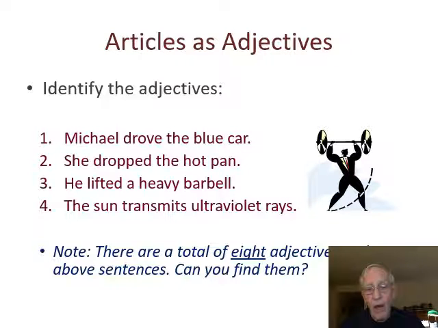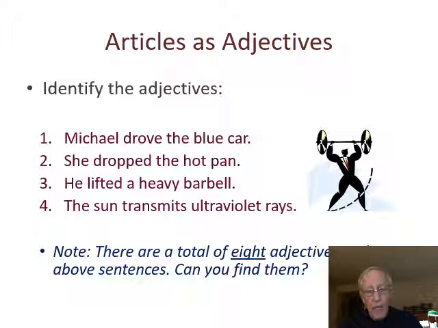She dropped the hot pan. Hot is obviously a descriptive adjective. It describes the pan. But again, we have the, which, in my opinion, is also an adjective. Number 3, he lifted a heavy barbell. Here's a picture of him lifting this heavy barbell. Heavy is obviously a descriptive adjective, but we have a also, so there's 2.